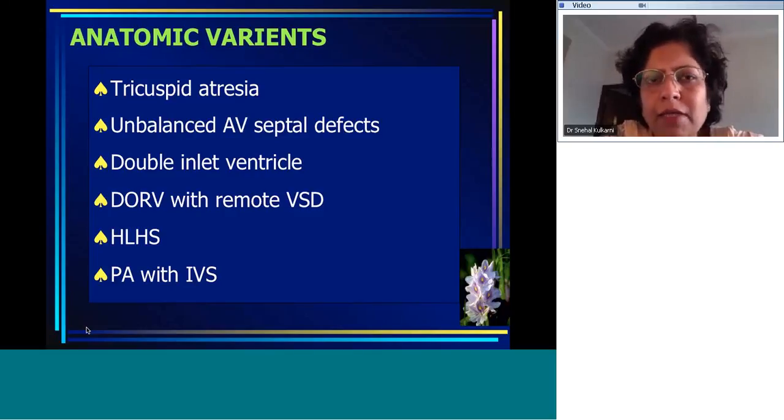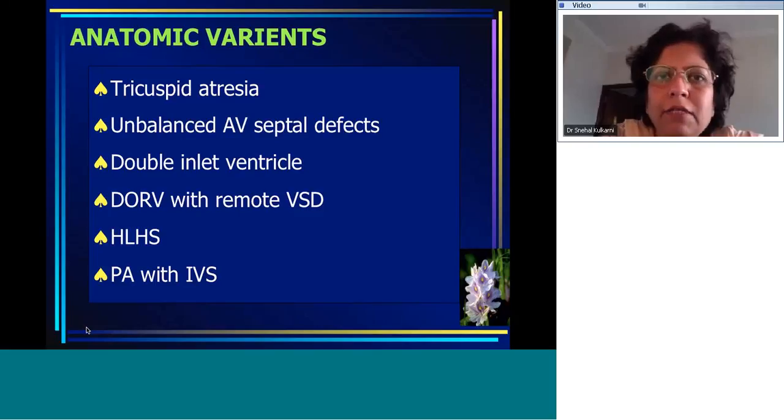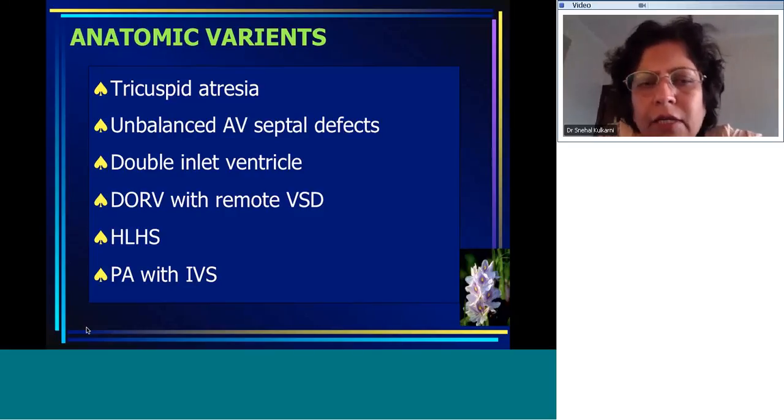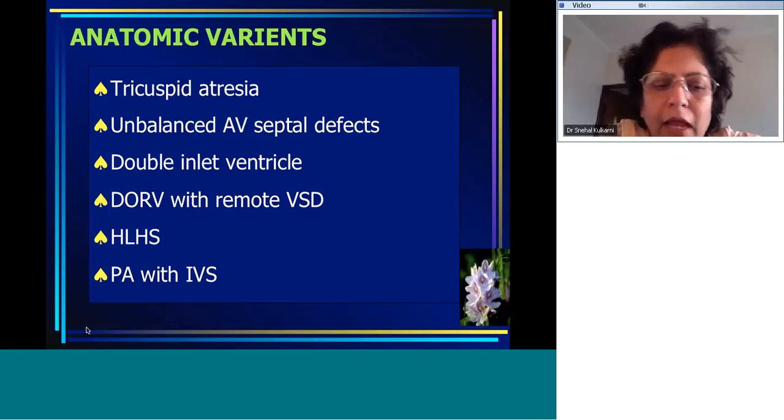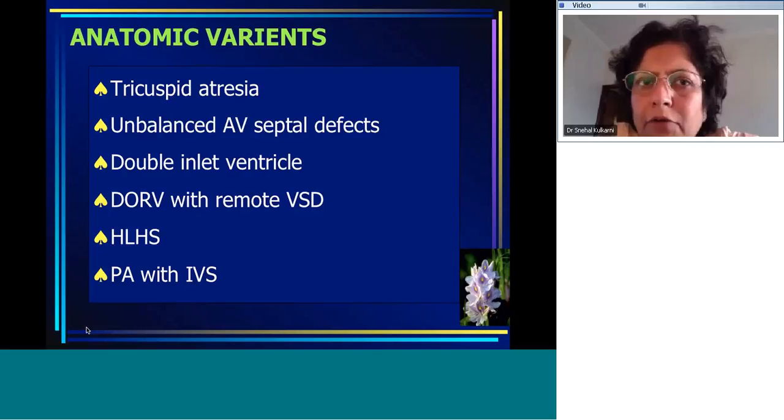In hypoplastic left ventricle you have either severe mitral stenosis or mitral atresia, so you have a very small left ventricle and a very small left ventricular outflow tract. It depends on the severity, but eventually you don't have two good-sized ventricles for a biventricular repair. In addition, you don't have a good LV outflow tract to sustain a good cardiac output.